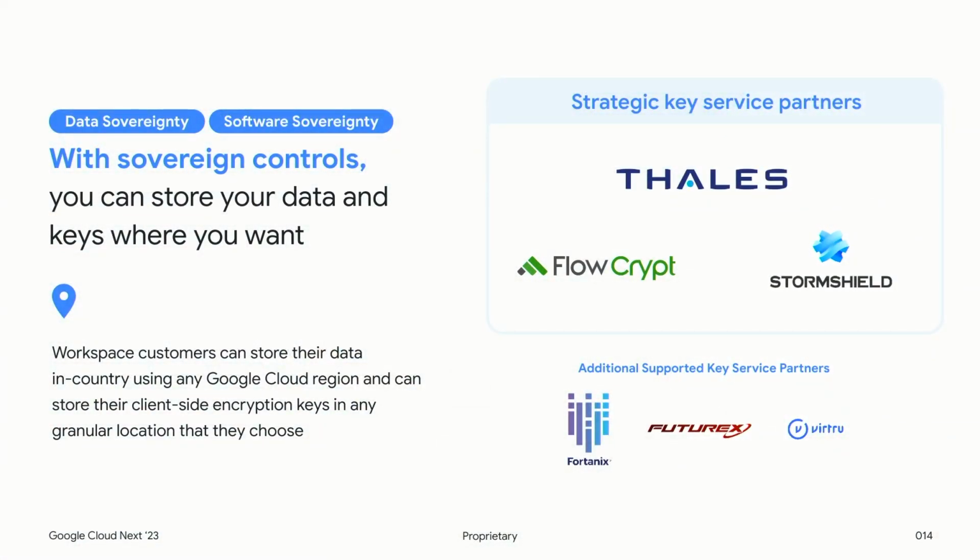Now, we recognize that there may be customers that have more granular needs around location beyond just the regions of US and EU. Today, we're proud to announce that we are going to go to preview by the end of the year with the in-country copy of data, where you can move a copy of your Workspace data into a Google Cloud Storage bucket of your choice.